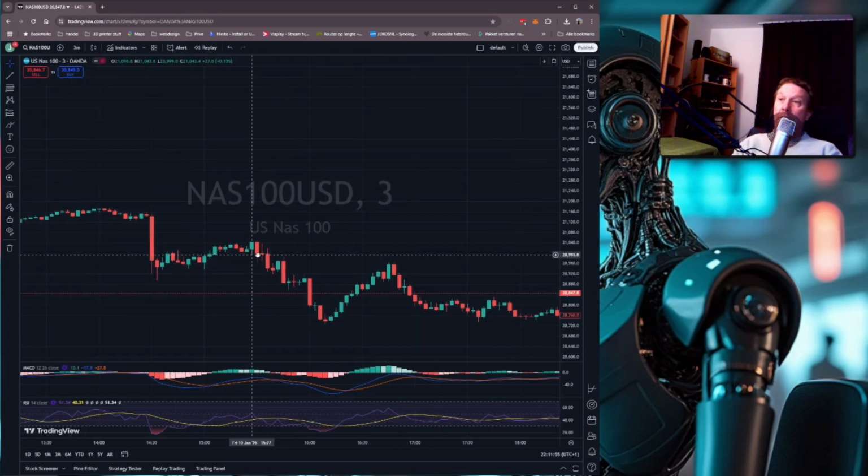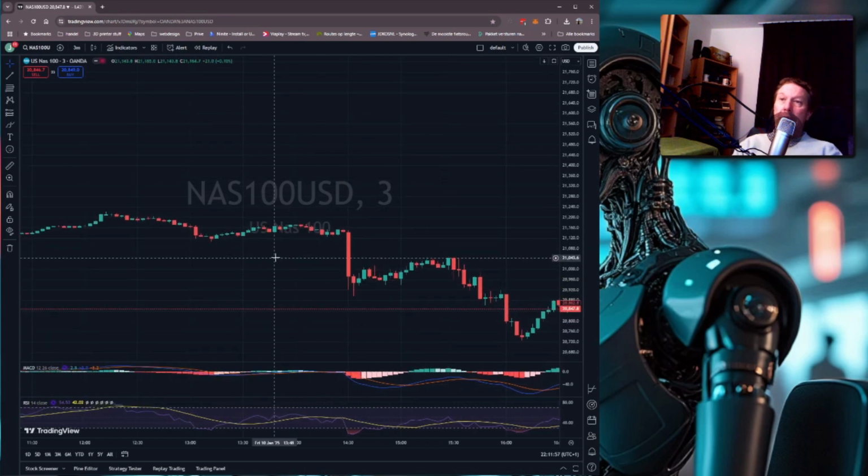The more you see candles like this one, where the wicks are longer than the candle body, the more it means that there is not much trading going on, and there is not much discussion about what the price should be. And that is what the candle tells you.